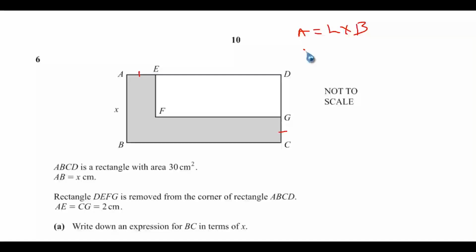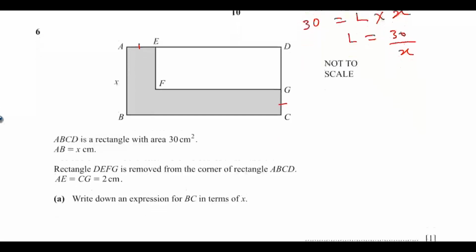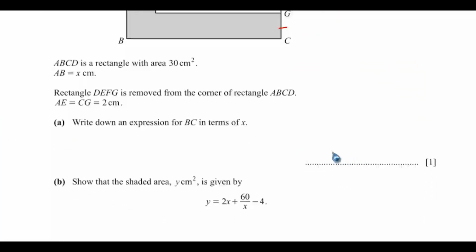So if you key in the values, area is 30, and length is what we want to get, times the breadth x. That means L is equal to 30 over x. So that will be the expression for BC in terms of x.